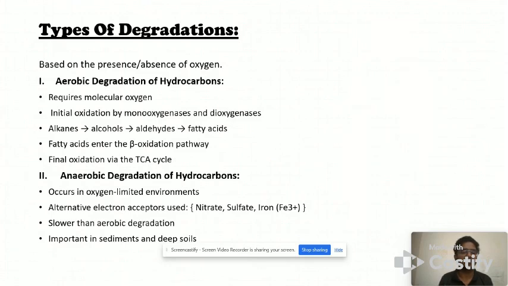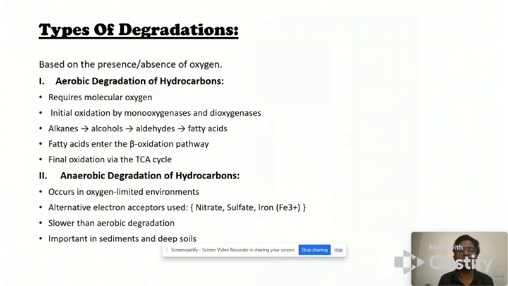And the next type, anaerobic degradation of hydrocarbons. Here, the whole process takes place in the absence of oxygen. The main difference between these two types is the terminal electron acceptor.